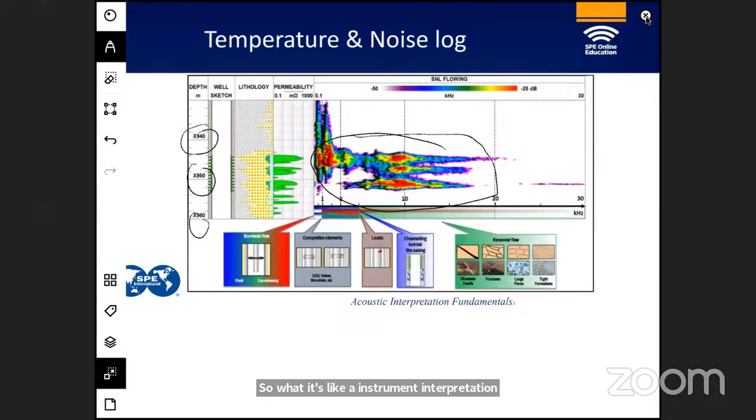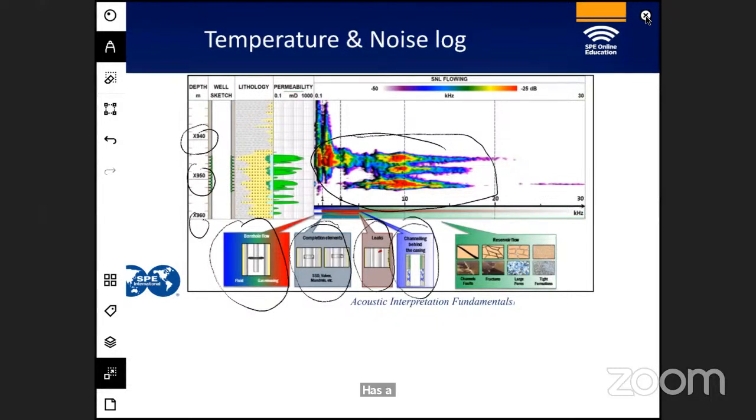Here, what they are saying is, if the flow is through the borehole, it has a different frequency. If the flow is through completion elements, it has a different frequency. If it is showing a leak, it has a different one. If there is channeling behind casing, this is the frequency range. So from this analysis, they can tell you where the leak is happening. It's mostly helpful for identifying sustained annulus pressure behind the pipe or behind cement, sometimes within the reservoir.